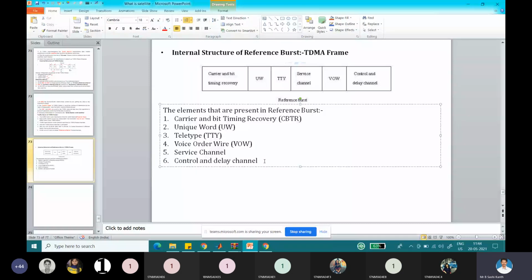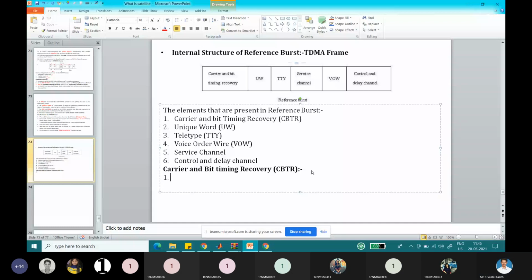Now we start with the first one, that is carrier and bit timing recovery, CBTR. Carrier and bit timing recovery. So that is the first we are going to start with. So this CBTR pattern, so this is some information, no?